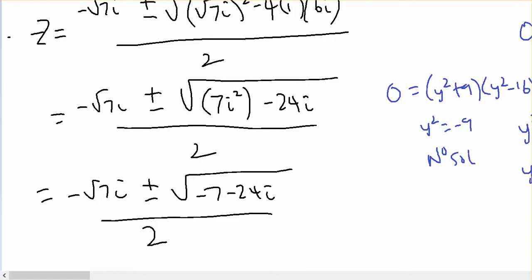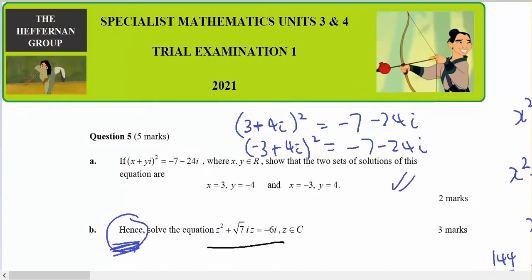And that is what we found up here, because the square root of that equals the square root of that.